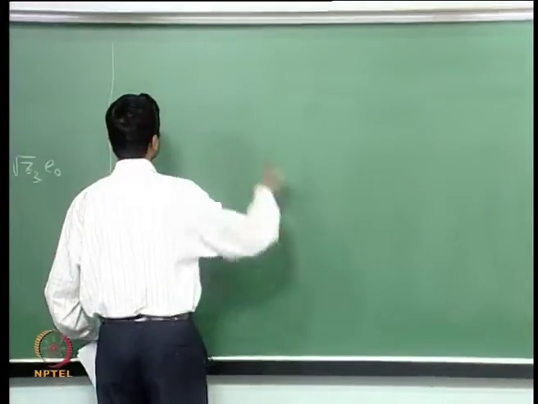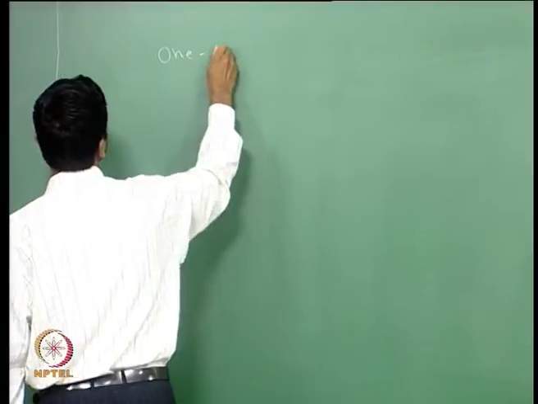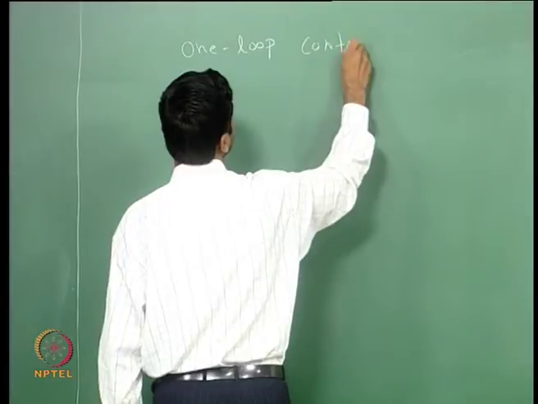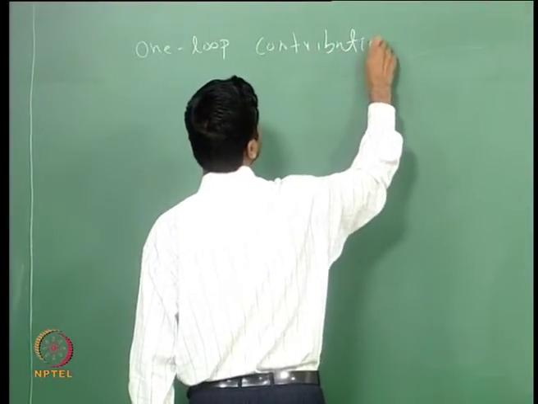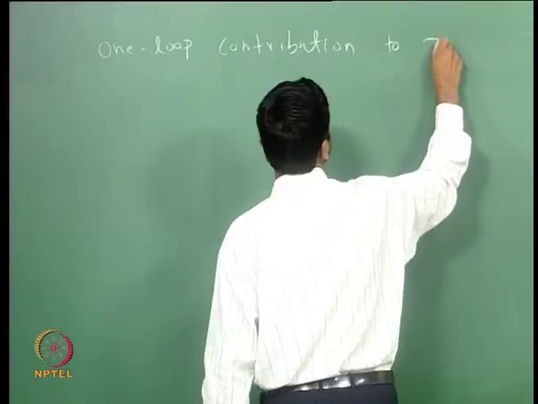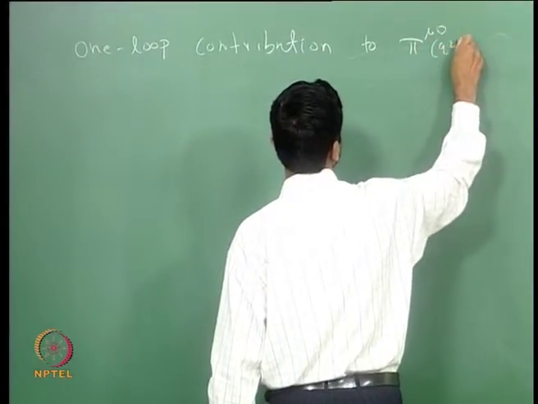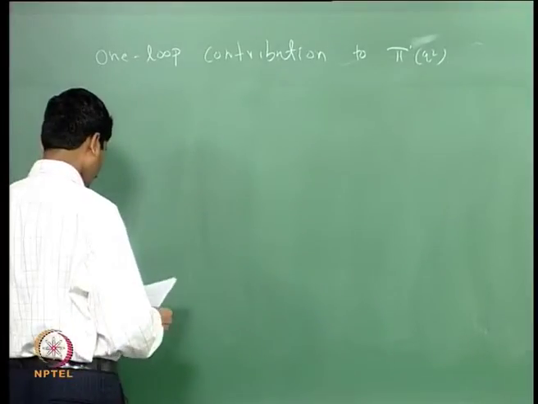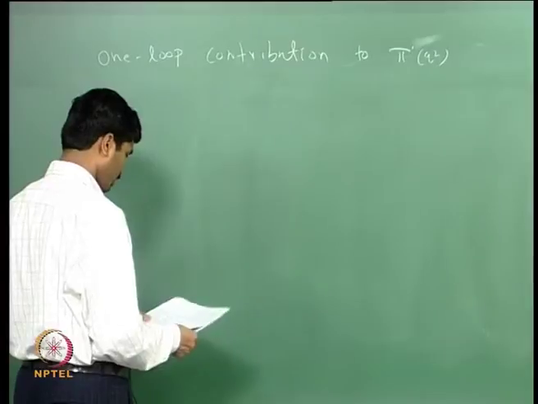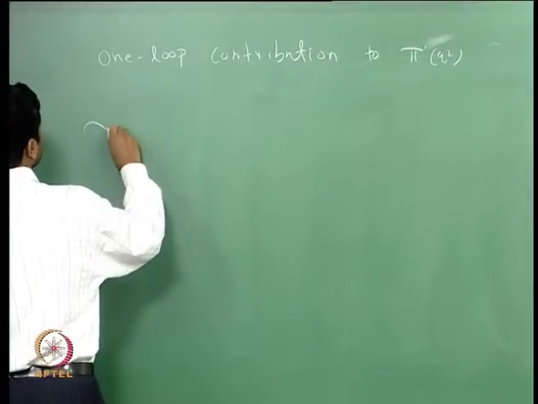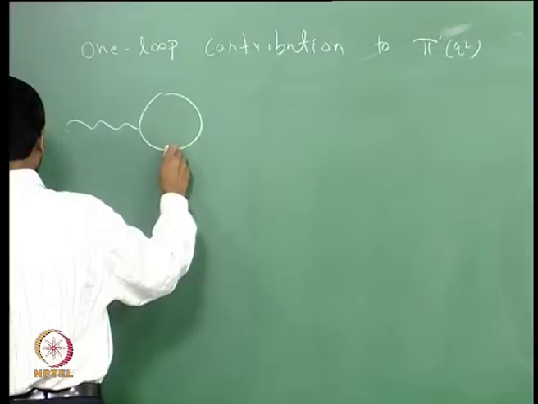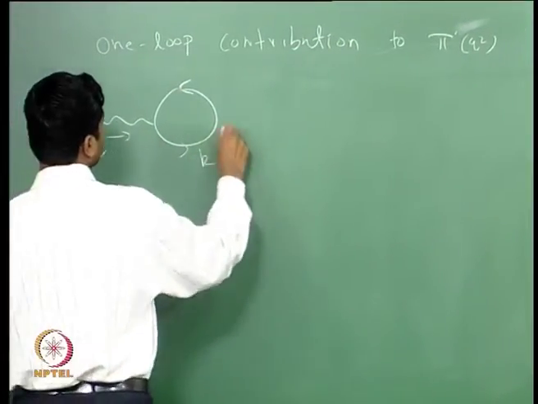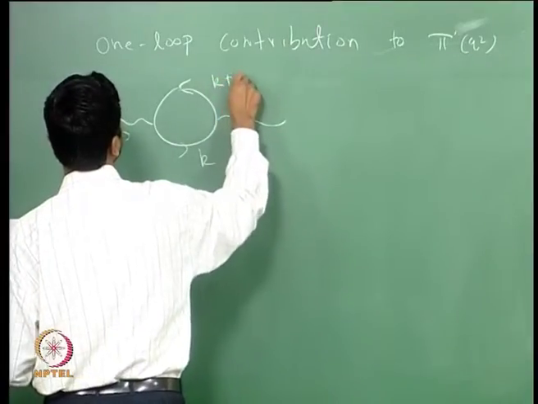What we would like to do is compute the one loop contribution to pi mu nu of q squared, or simply pi of q squared. Again, we need to consider this diagram here. This is q, this is k, and this is k plus q.